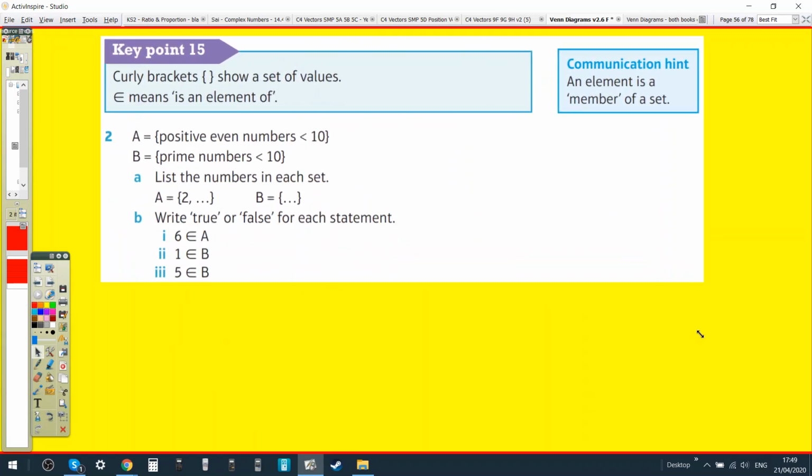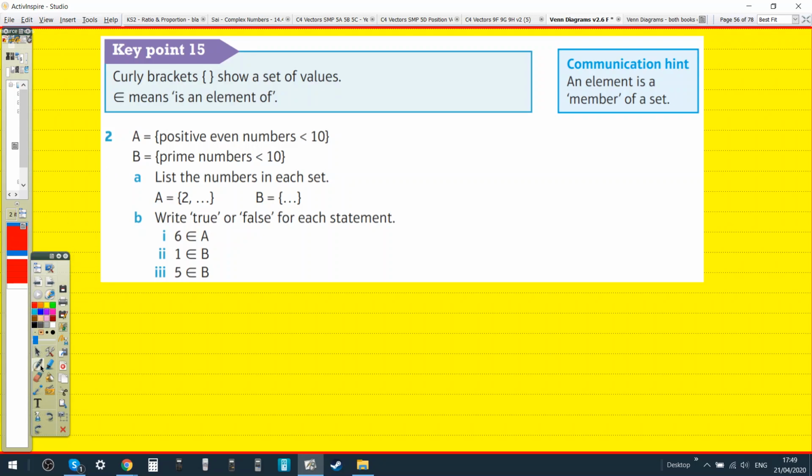So this one here, E means is an element of. So it's in that. So for question B, let's just do this. So what is A? So A is positive even numbers less than 10.